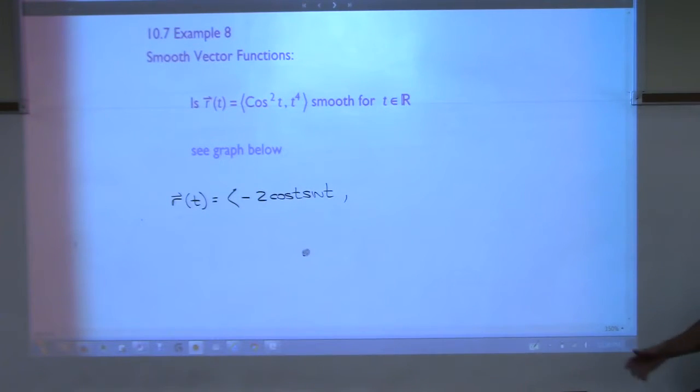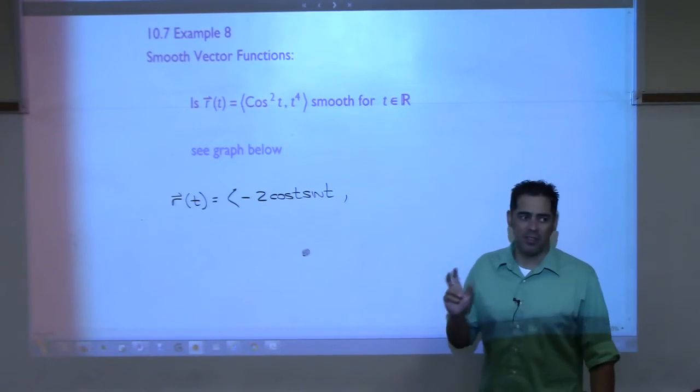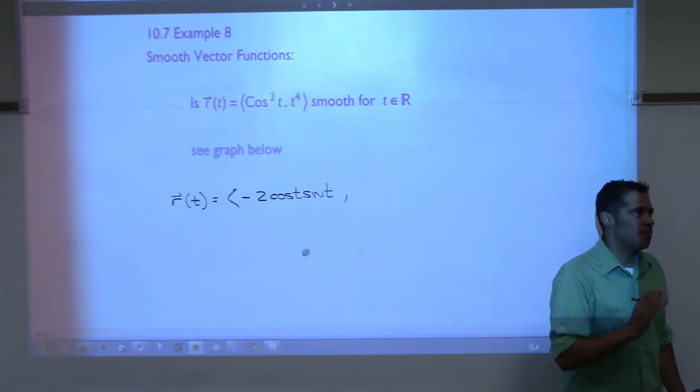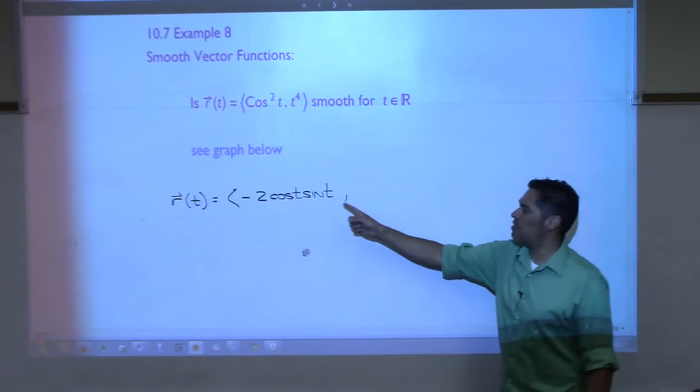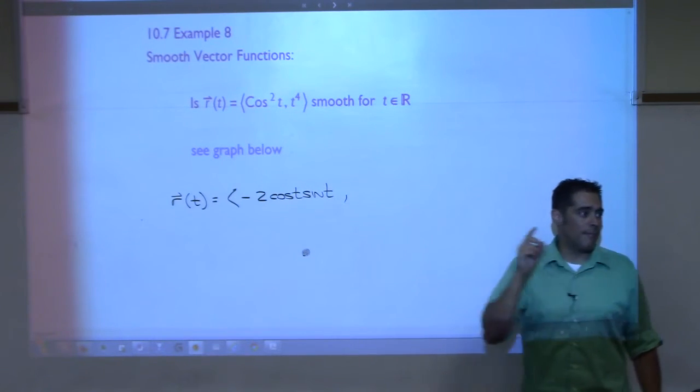We can never get the 0 vector. If we get the 0 vector, it's not smooth there. In my head, it was kind of not making sense, like why we can't have the 0. Yeah, we can't have the 0 vector. We can have one of these components be 0, but we can't have them both 0 at the same time.